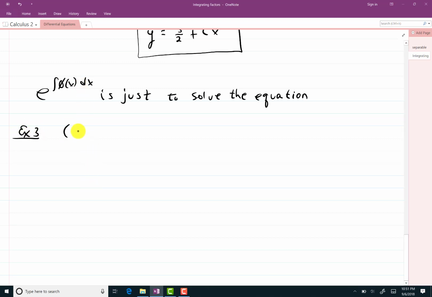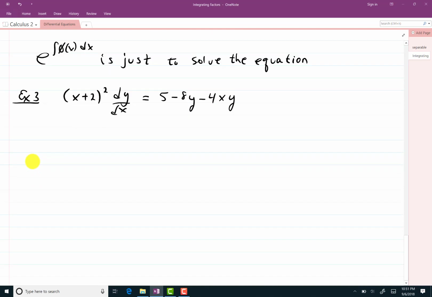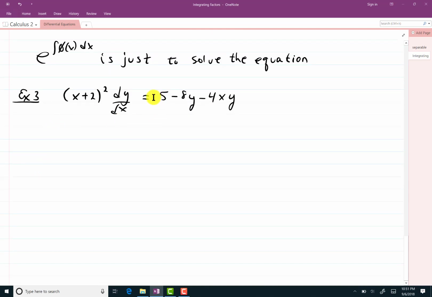Next one looks like x plus 2 squared dy over dx equals 5 minus 8y minus 4xy. Now what you want to do here is you want nothing but x on the right hand side.